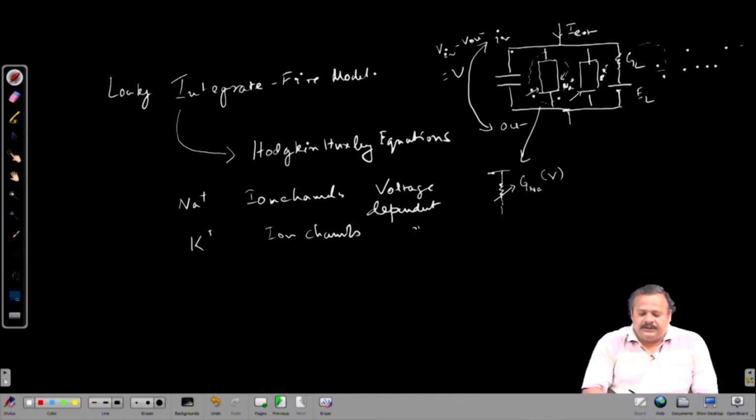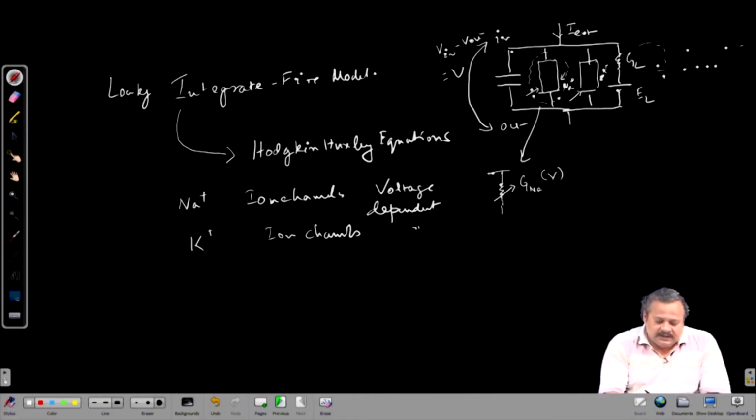Now, as you know, sodium ions have some equilibrium potential based on the concentration of sodium inside and outside the neuron, and that equilibrium potential or reversal potential is, let us say, ENA. So, sodium reversal potential.